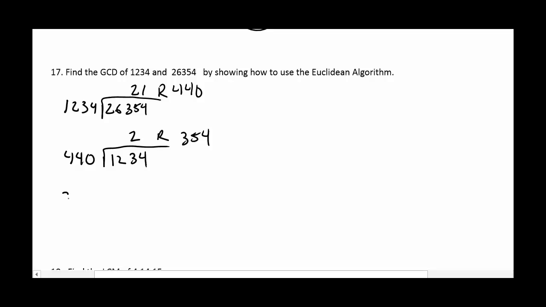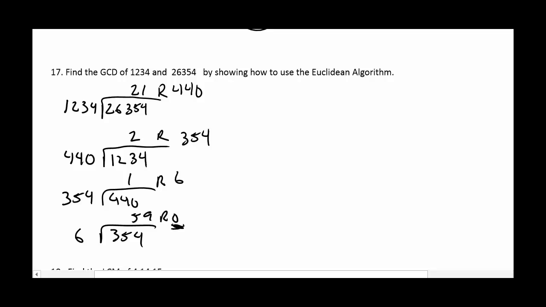Alright, so then 354 goes into 440. Well, I can see that it goes in there once with a remainder of 6. Then I want to go 6 into 354. And I get 59 with a remainder of 0. Okay, so right when that 0 comes up, the number that was my last remainder is the GCD.